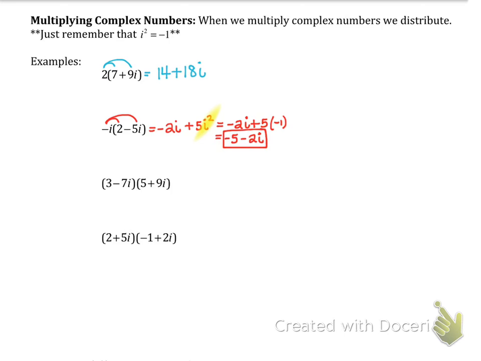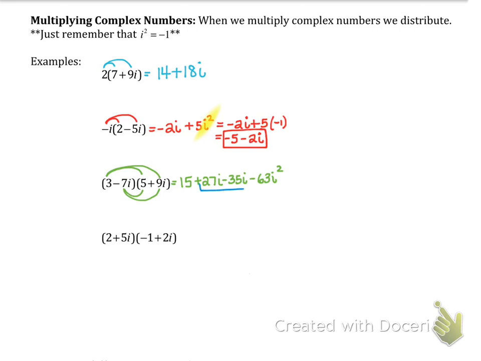All right, if we have two binomials, we just double distribute them. So we get 15 plus 27i -35i and -63i squared. Okay, so there's two things that are going to happen.